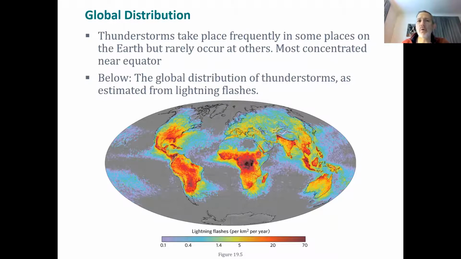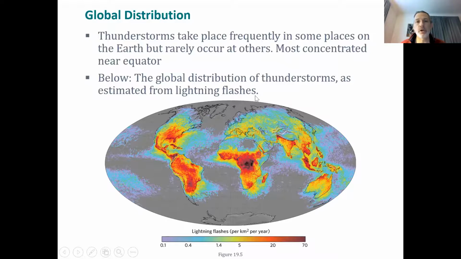And this makes a lot of sense, that we'd have areas that have a lot of moisture in them, and warm air holds a lot more water than cold air. And so we can see that we have a lot of lightning right around the equator. When we start looking at about 30 degrees north and south latitude, that's where that air is descending, and we don't have as much lightning, oddly enough, when we have areas of deserts.